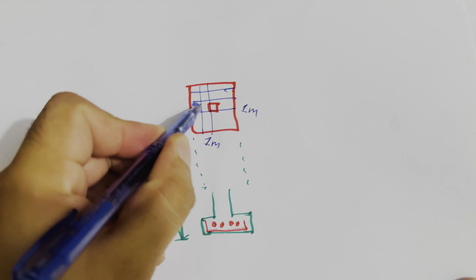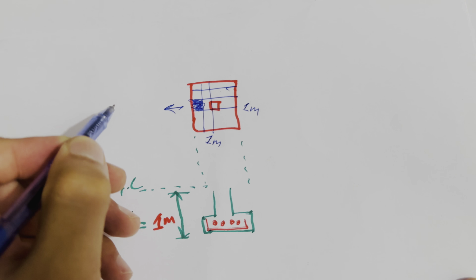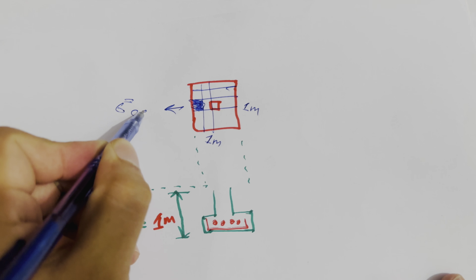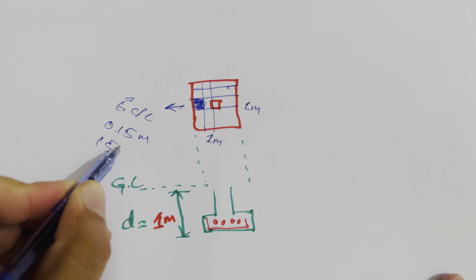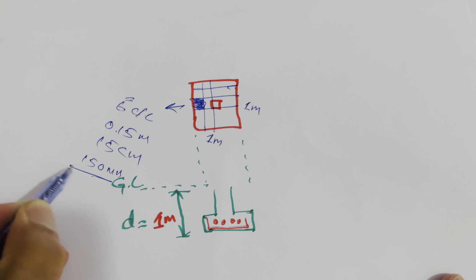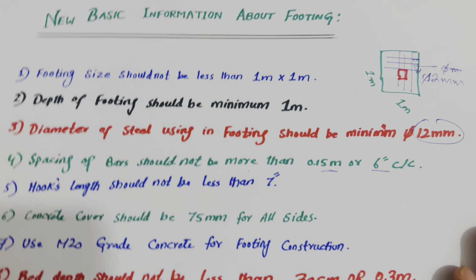This spacing, guys, you can see, should not be more than 6 inches center to center, or you can say 0.15 meter, or 15 centimeter, or 150 millimeter. So these are the details for the spacing of main bars and distribution bars.